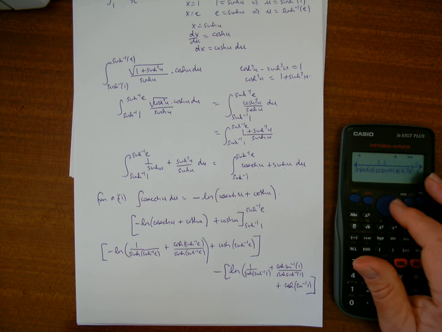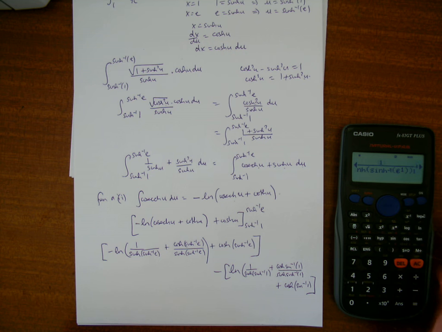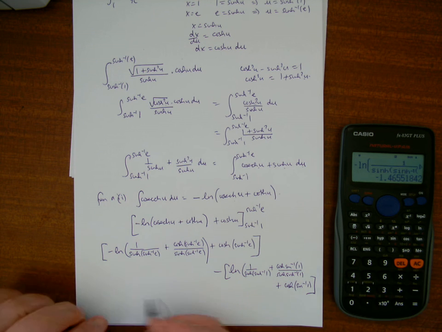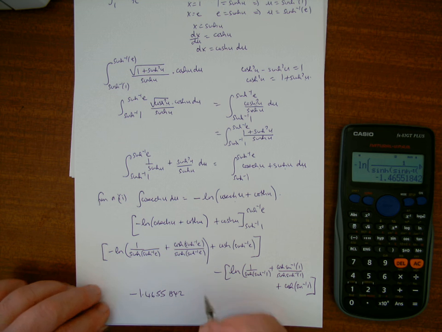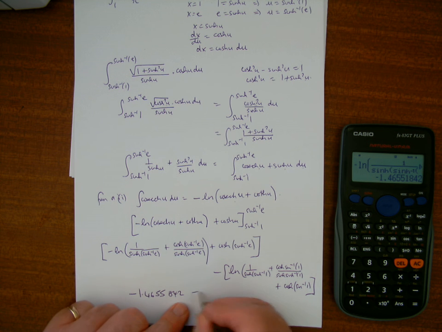Ah, there it is, with a bracket there. So that first bracket is going to be minus 1.46551842, and then I have to substitute.